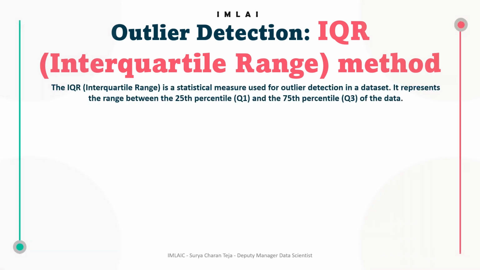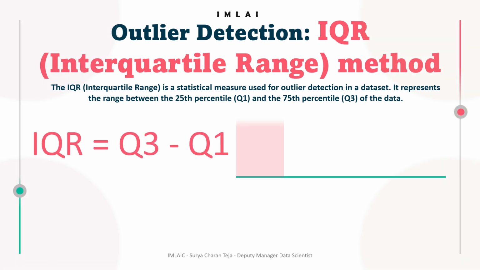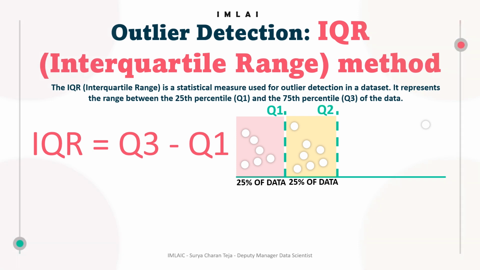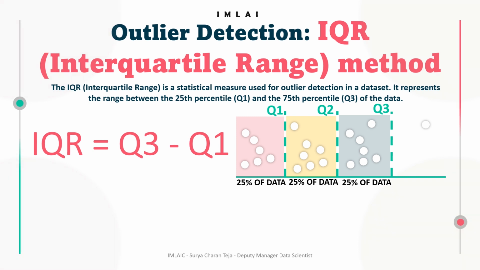It represents the range between the 25th percentile and the 75th percentile. The 25th percentile is called quartile 1, and the 50th percentile is called quartile 2, that's nothing but the median. And then the 75th percentile is called quartile 3.